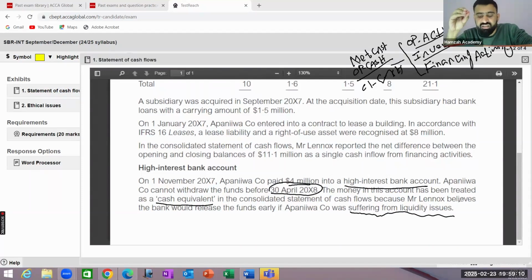So by treating this high interest bank account as a cash and cash equivalent, they basically want to maybe manipulate the financial statements and misguide the users of the financial statements that their liquidity is not suffering. That is the motivation basically. But this is not part of the requirement. We will limit ourselves to saying that it is not a cash and cash equivalent, with reasons, and it should be treated as an investing activity, not as a cash and cash equivalent. Got it?